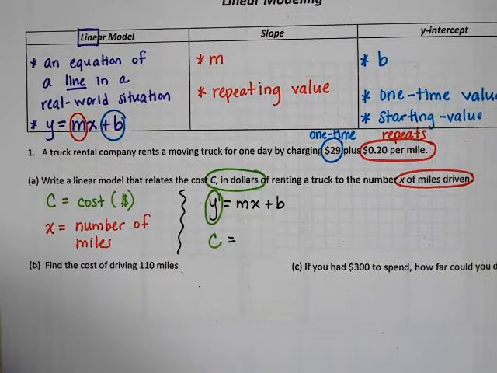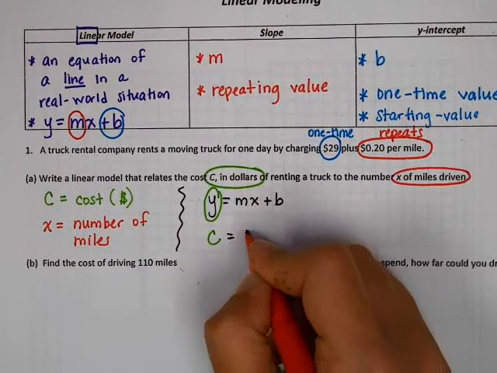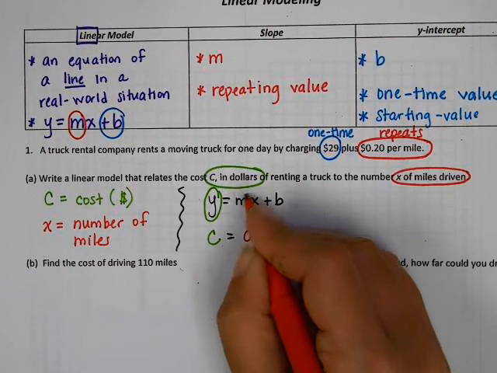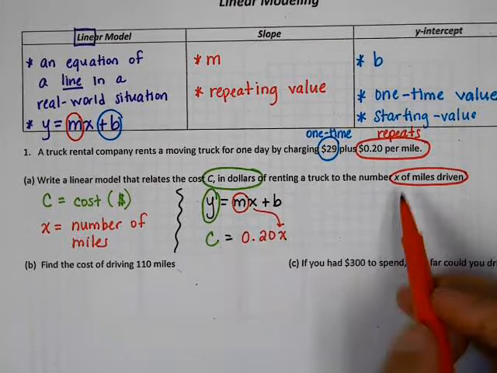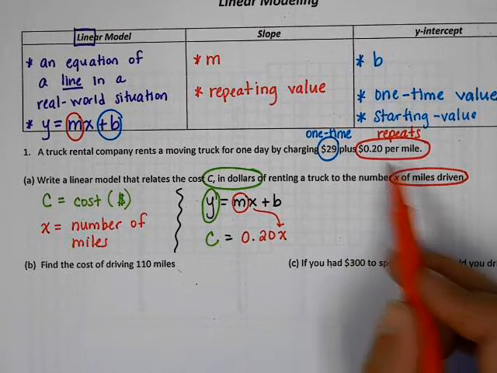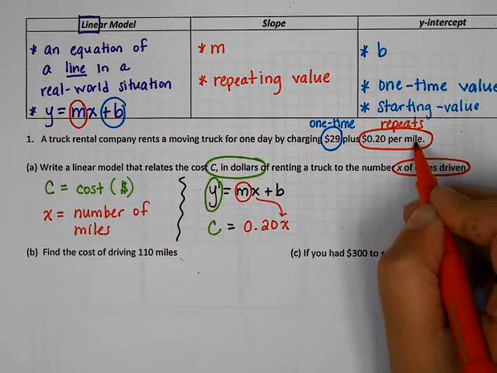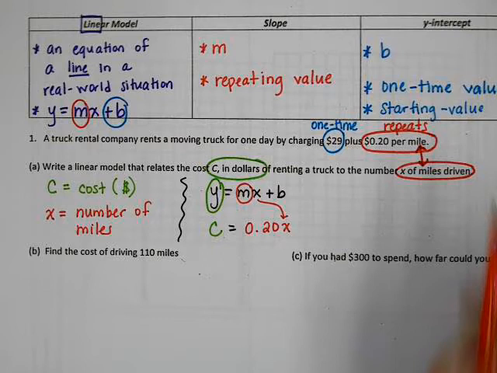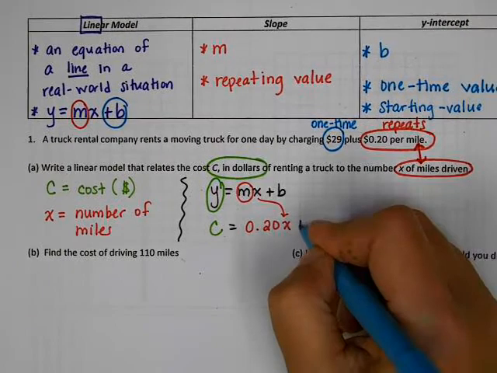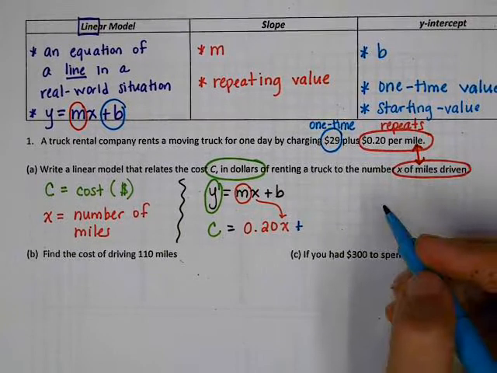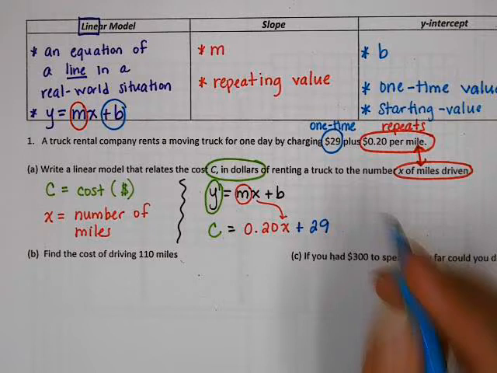Now my m is going to be the number that repeats, so 0.20, and then x. You'll notice that x is the miles, and this says 20 cents per mile. These tell you they're related because they both are talking about the miles, plus my b value, which is my one-time number, so $29.